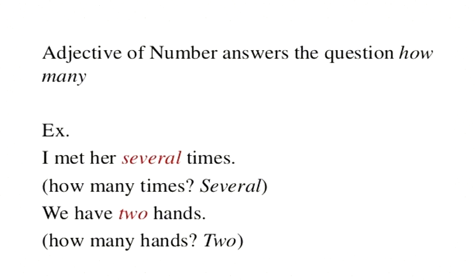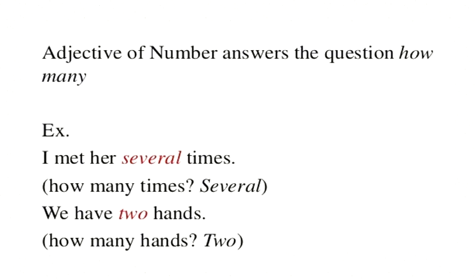Let us see some examples. I met her several times. Now, how many times, dear children? Several. Several means many. Here it is not a fixed number, but it tells us about the number of times, meaning many times. So the word several is an adjective of number.